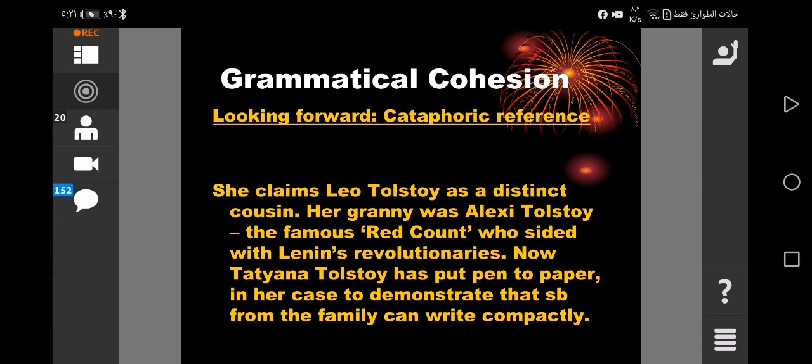Well, so you see that the name of the person is used after the pronoun is used. This is an example of cataphoric reference.